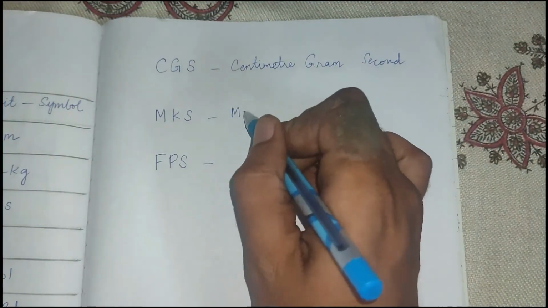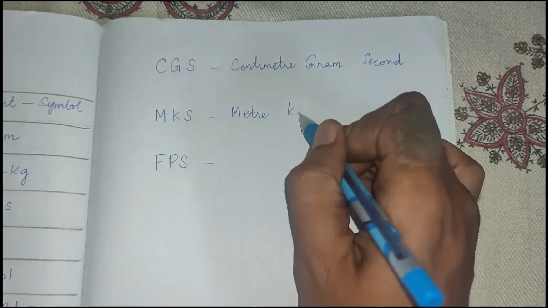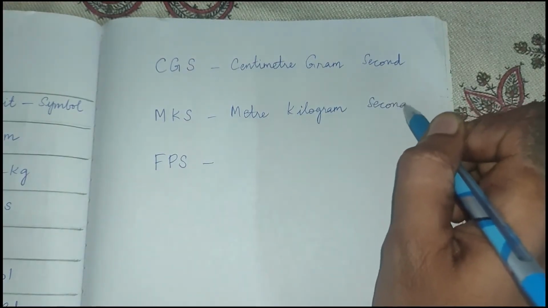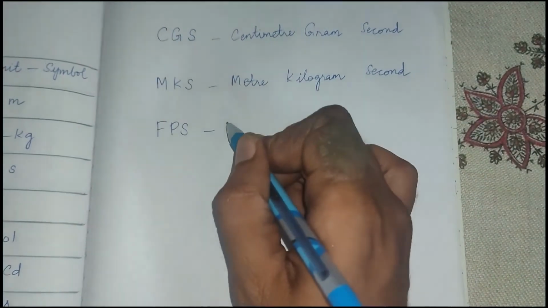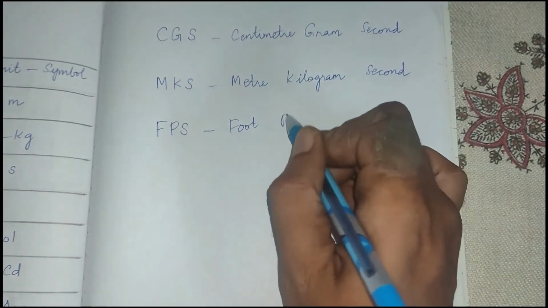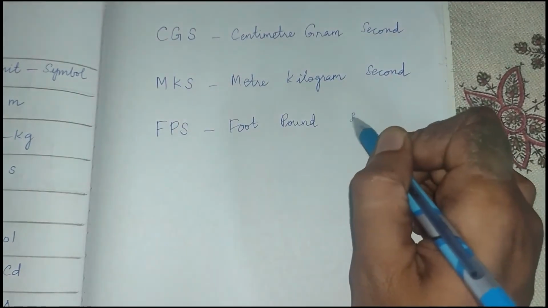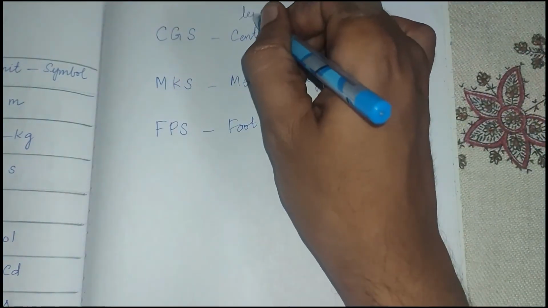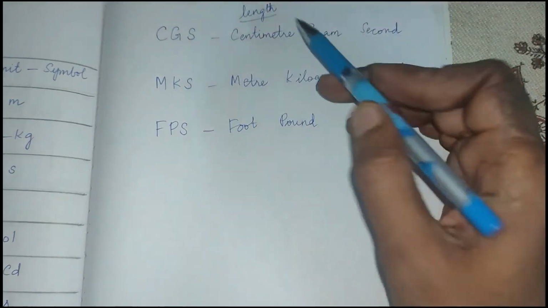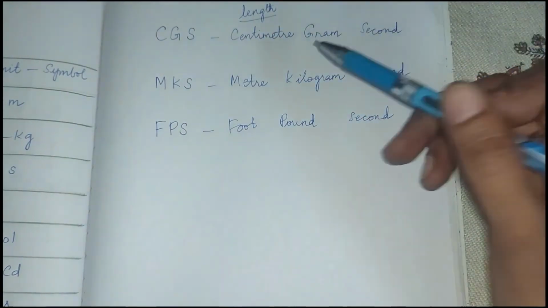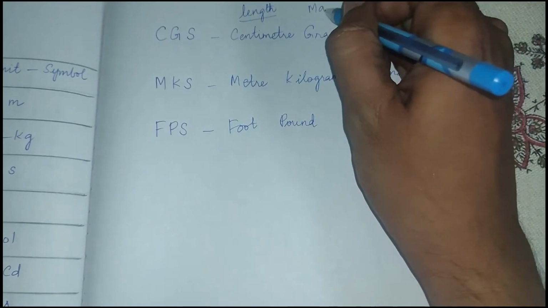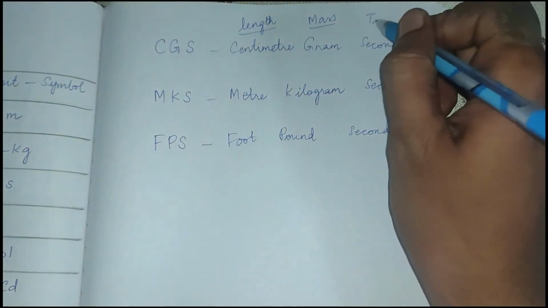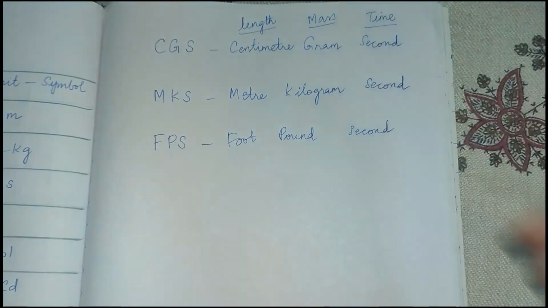MKS: meter, kilogram, and it's going to be second again. And the FPS is going to be foot, pound, and second. So length was measured using centimeter, meter, foot, whereas mass using gram, kilogram, and pound, and time they use seconds.